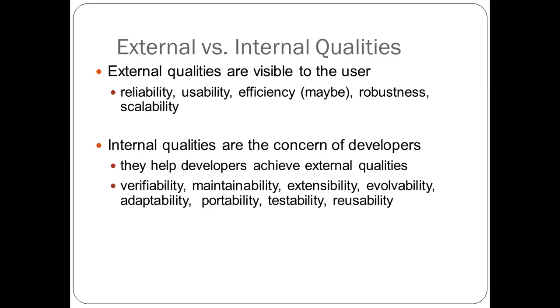Under the internal qualities, the other factors are verifiability, maintainability, extensibility, evolvability, adaptability, portability, testability, reusability. Repeating again, testability we have already discussed, reusability discussed, portability also, and maintainability here.